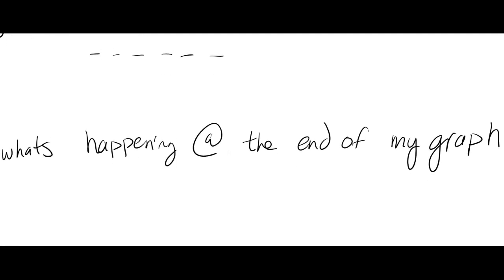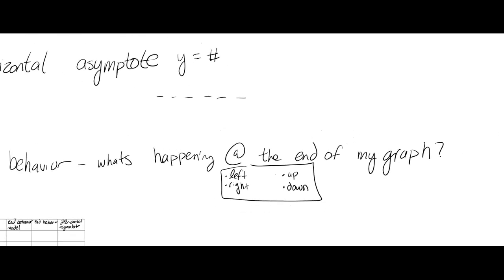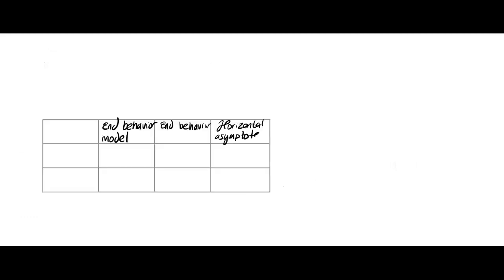So we're going to talk about what's happening going to the left, going to the right, what's happening as we go up, and what happens as we go down. We're going to be talking about all 4 of these things when I talk about end behavior, because you have 4 different sides on your graph and on your pieces of paper. Okay, little tiny table, which apparently I needed 1 more box for, but that's okay. I'll live with it.